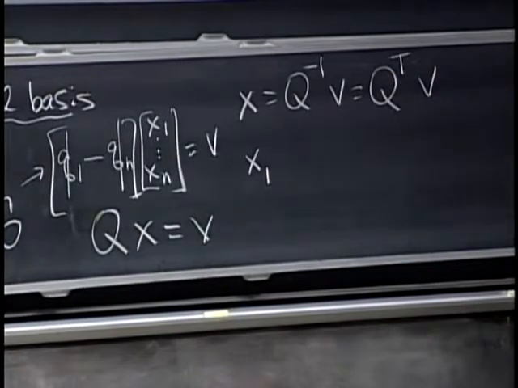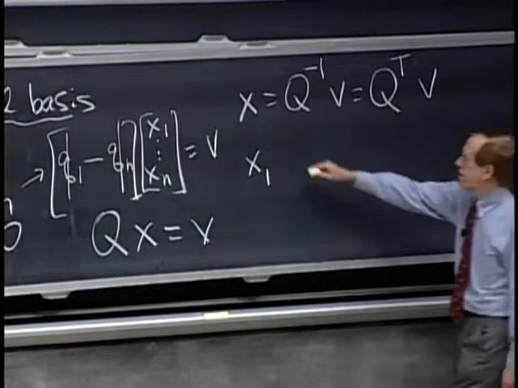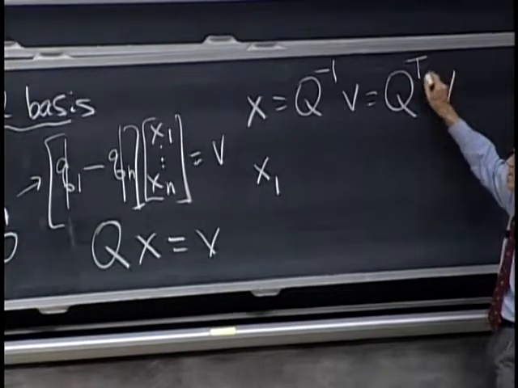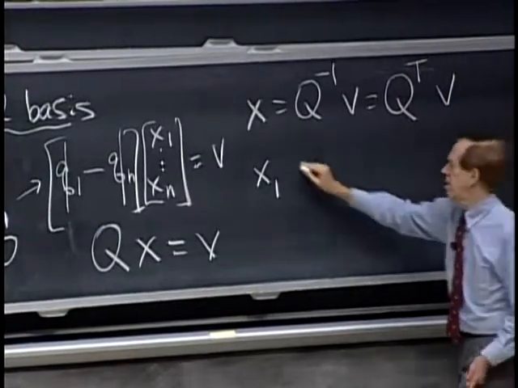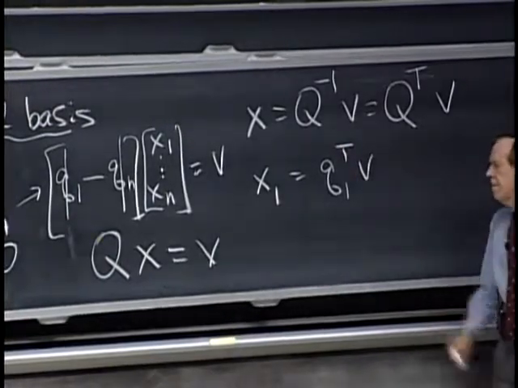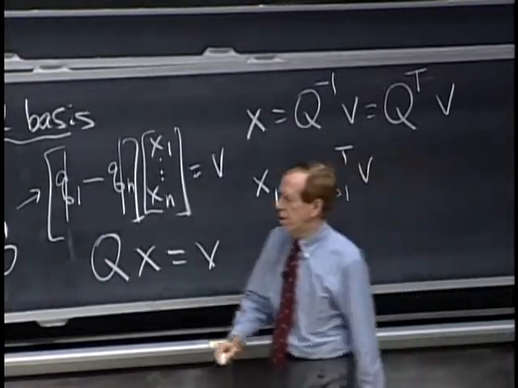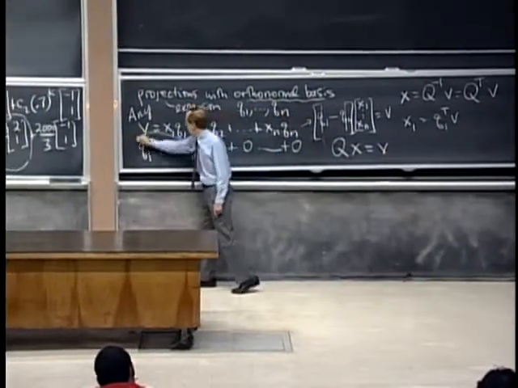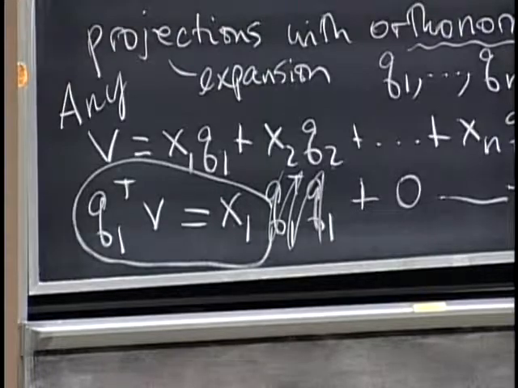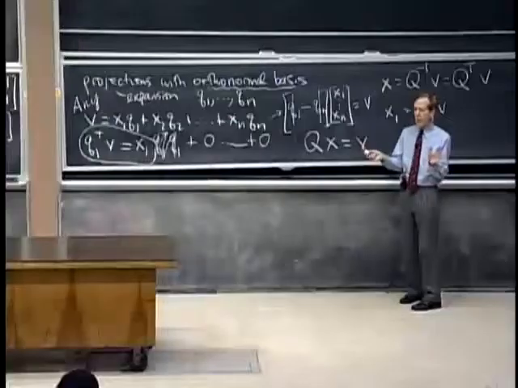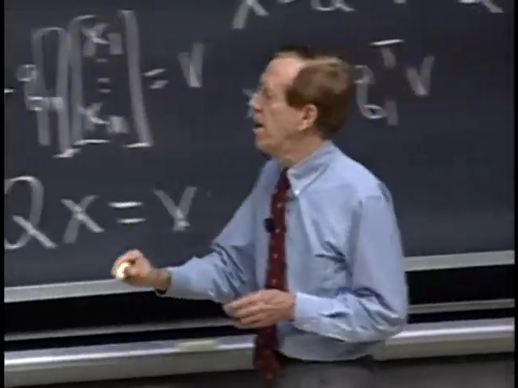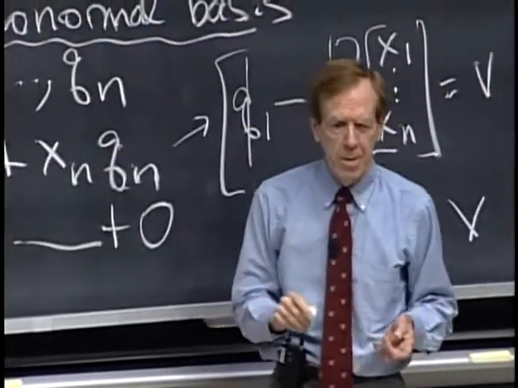The first component of this answer is the first row of Q transpose, that's just q1 transpose times v. So that's what we concluded here too. Okay. So nothing Fourier here. The key ingredient here was that the q's are orthonormal.